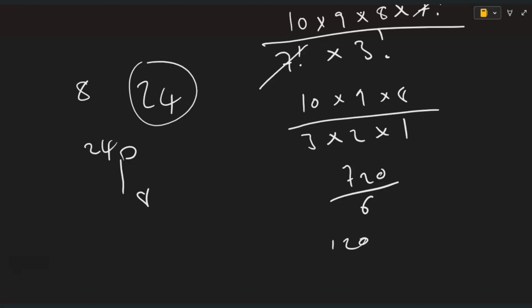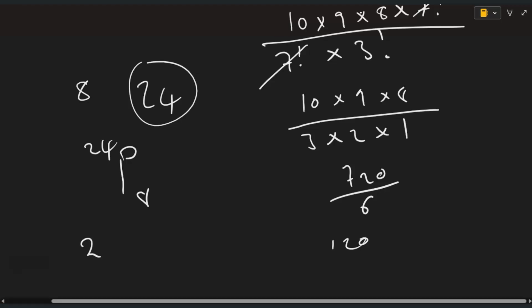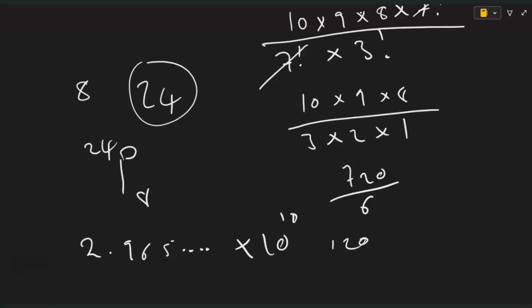It's a big number. So you have 2.965 and so on, times 10 raised to the power 10. So basically it's a million alternatives you have, right? It's a vast number. It's a big number.